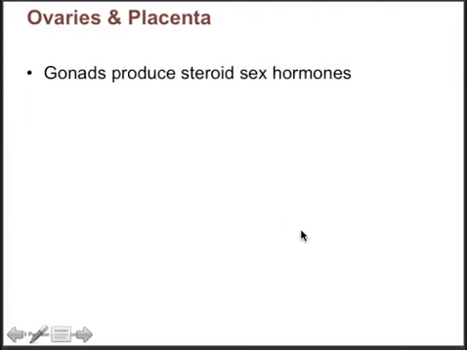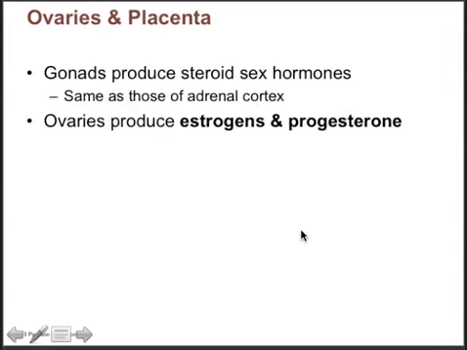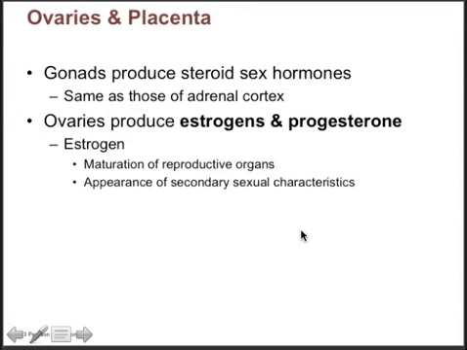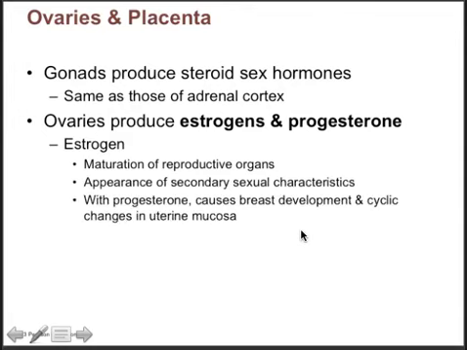The ovaries and the placenta are important in the reproductive system in the female. The gonads, which in the female are the ovaries, produce steroid sex hormones, as does the adrenal cortex. The ovaries produce estrogen and progesterone. Estrogen promotes the maturation of reproductive organs and the appearance of secondary sex characteristics, and progesterone causes breast development and cyclic changes in the uterine mucosa.